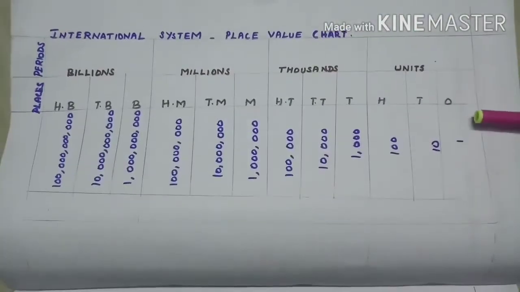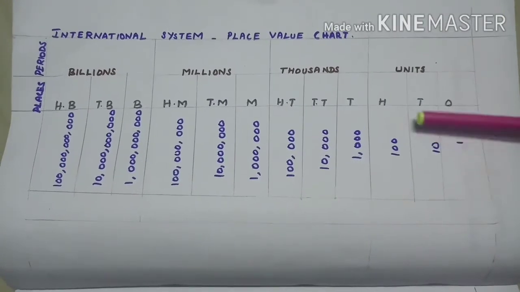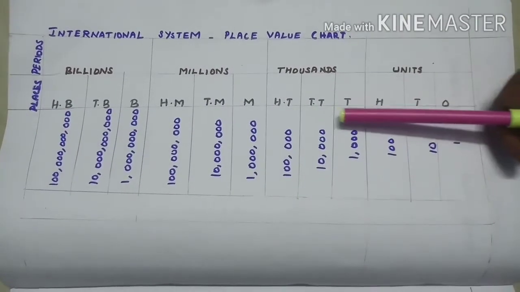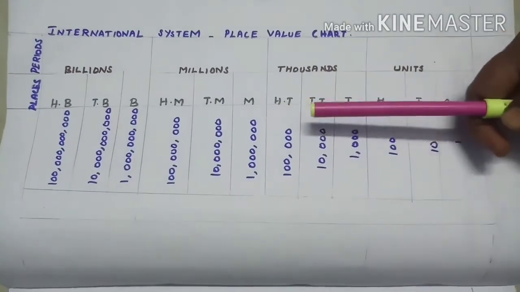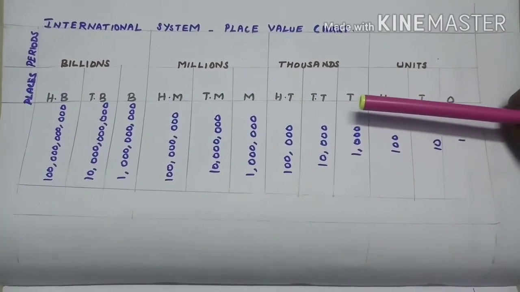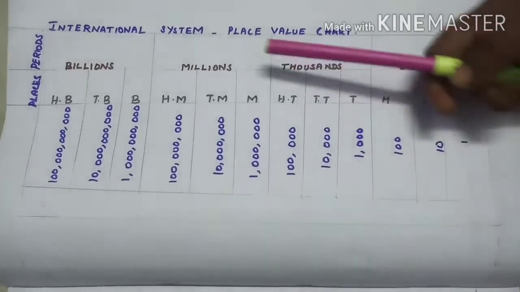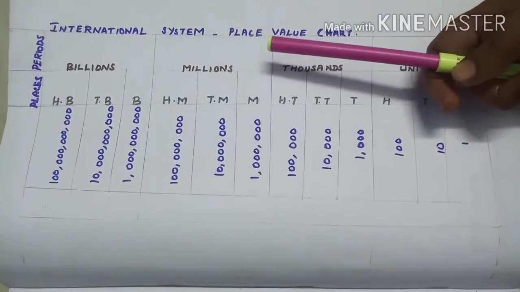So you know how to write ones, you know how to write tens, hundreds and thousand, 10,000, like that we can write. Next, how we are going to put commas. How we are going to mark the commas in the international system.